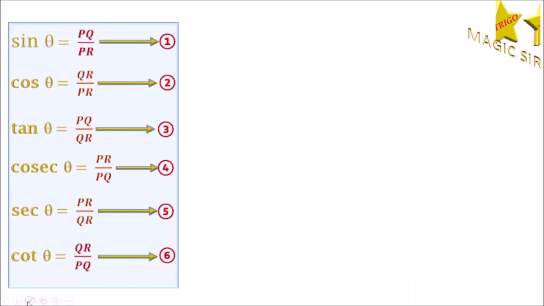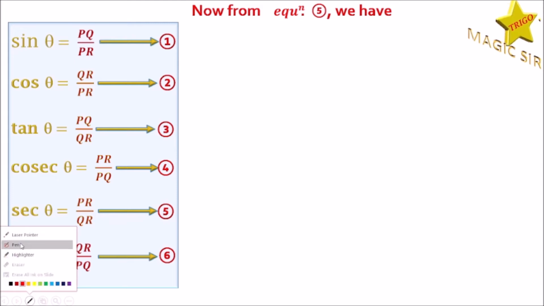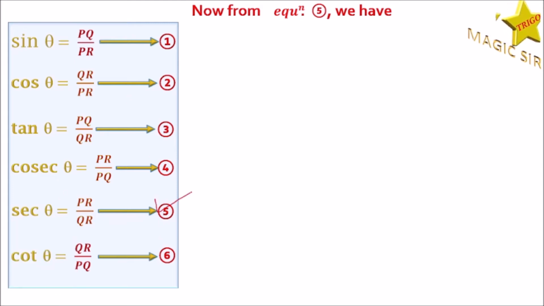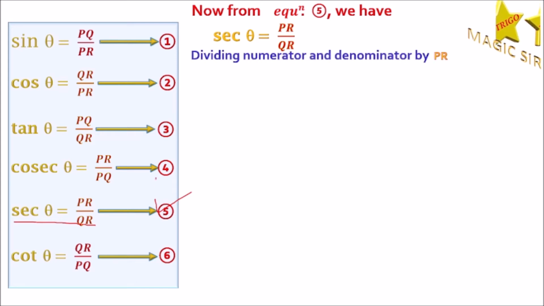Friends, we have used first 4 equations to derive relations between the ratios of sin theta, cos theta, tan theta and cosec theta. Now we will use equation 5, that is sec theta is equal to PR upon QR.